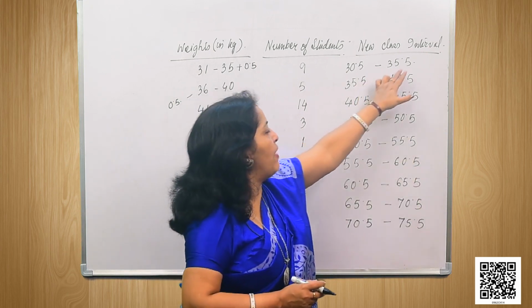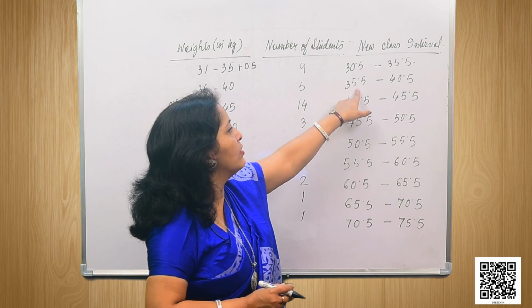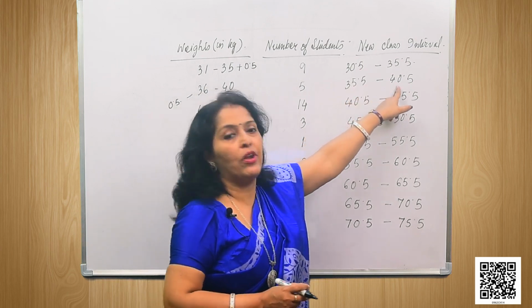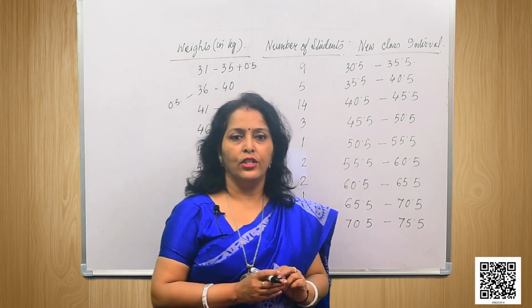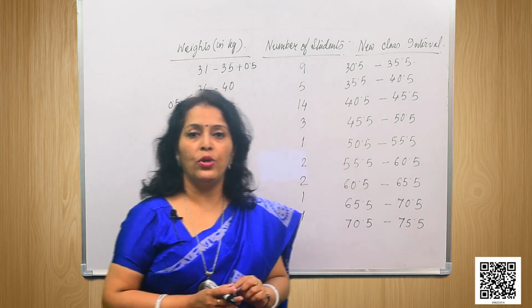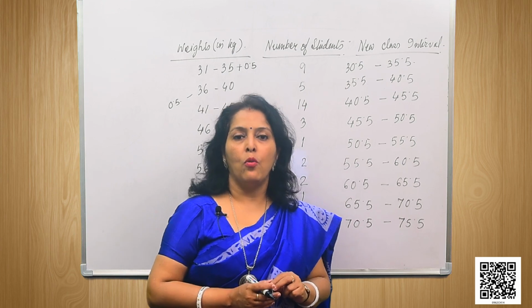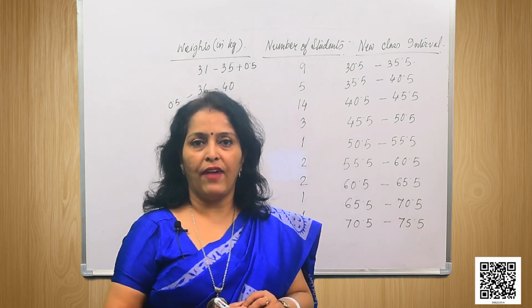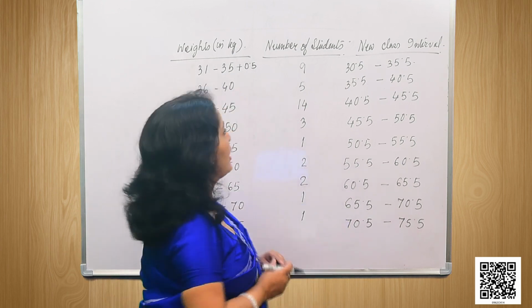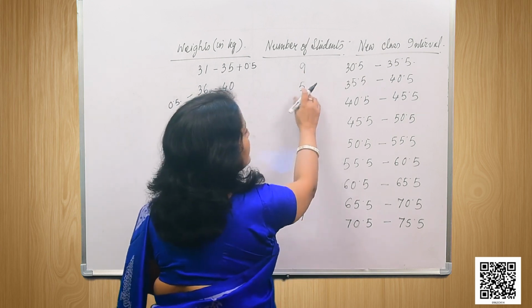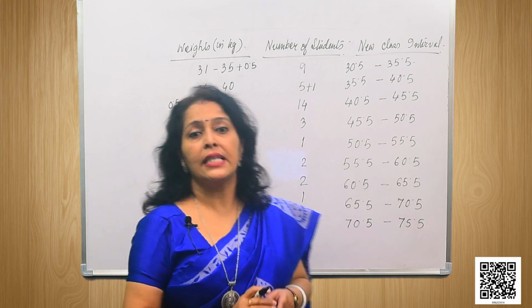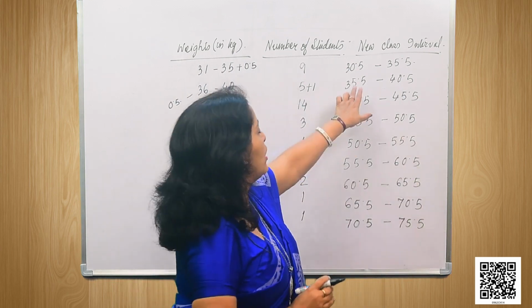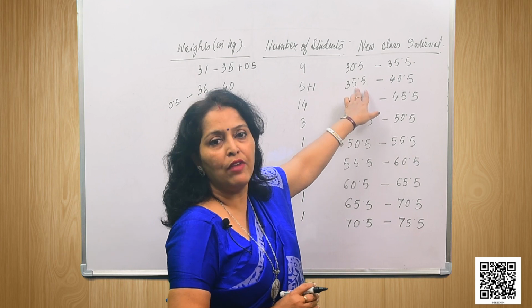So I can say up to this limit 35.5, now 35.5 to 40.5, and there is no gap between the two classes here. So here we can include the new two children. One was of weight 35.5 kg, so he can be included in the second one. So here the frequency will be 6 now, because we are including the weight 35.5 here.